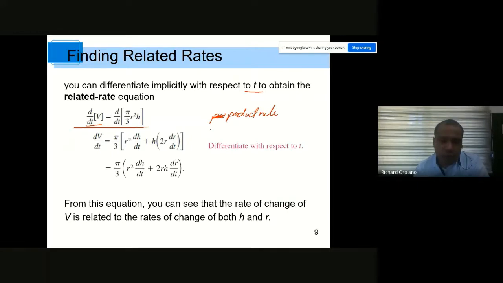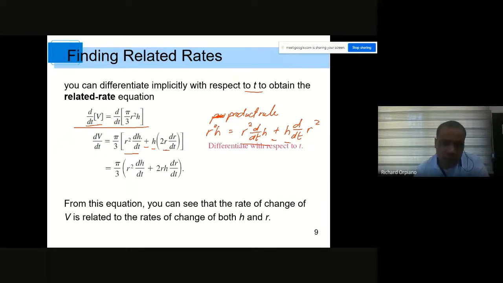Ano nga bang product rule kung matatandaan? So, we have r squared h. Nangyari dito is r squared derivative d over dt ng h plus h d over dt ng r squared. Kaya r squared dh dt, plus h, derivative ng r squared which is 2r.